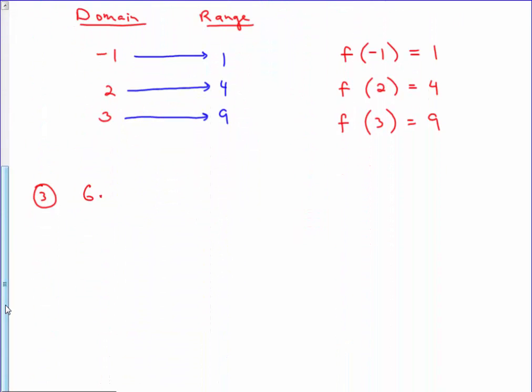So this will be a graphic representation. I had ordered pairs -1, 1. I had an ordered pair 2 and 4. And we had an ordered pair 3 and 9.